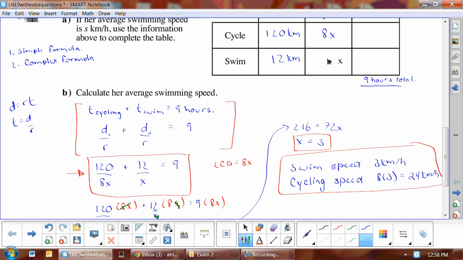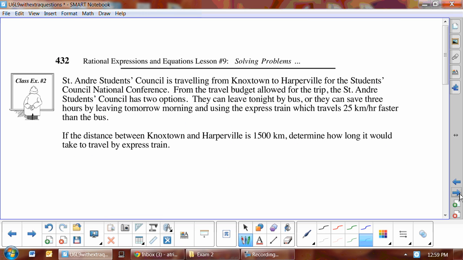So I'd say this one here is our simple one. And then you substitute it to come up with a more complicated one. And then you just get to solve it. Okay? So once you come up with this formula here, it's not too bad. Okay, so we'll go and do the next example.